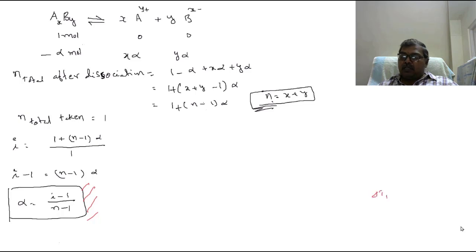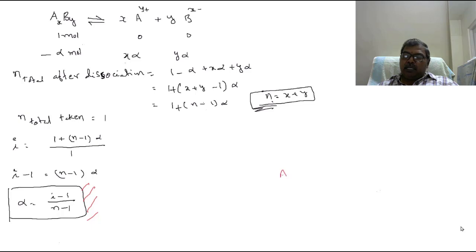If necessary, delta Tb equal to i Kb into m, delta Tf equal to i Kf into m, like that. Okay, depending on the question. So alpha equal to i minus 1 by n minus 1. What is n? The total number of particles given by 1 mole of the electrolyte.